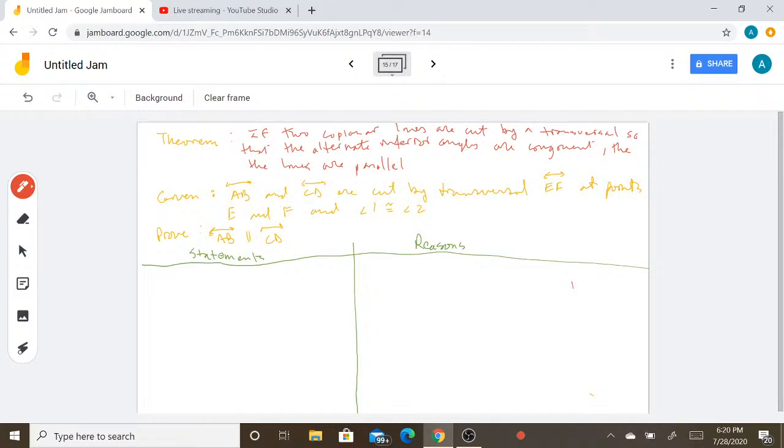Okay, and with this theorem, we can use it to prove this right here.